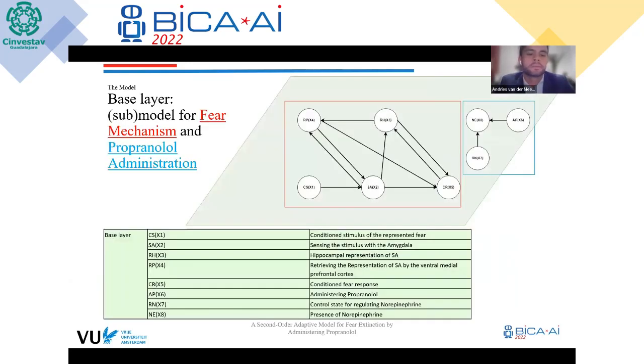So moving on to the base layer, here we can see the conditioned stimulus that is picked up by the amygdala, which leads to a conditioned response. And here we have the hippocampus and the ventral medial prefrontal cortex forming the fear extinction model. And then the second base layer is the model where propranolol is administered to reduce the amount of norepinephrine.